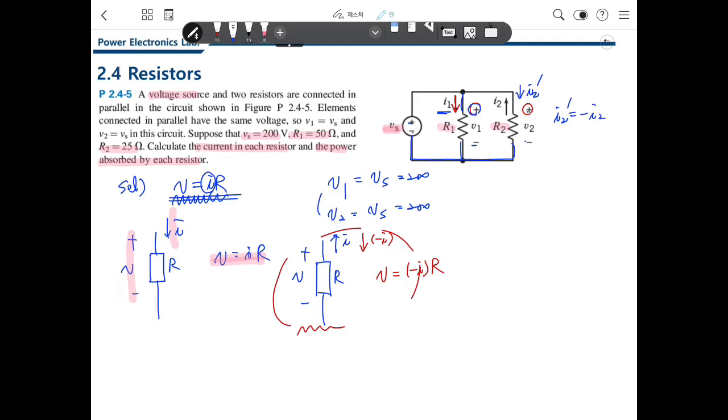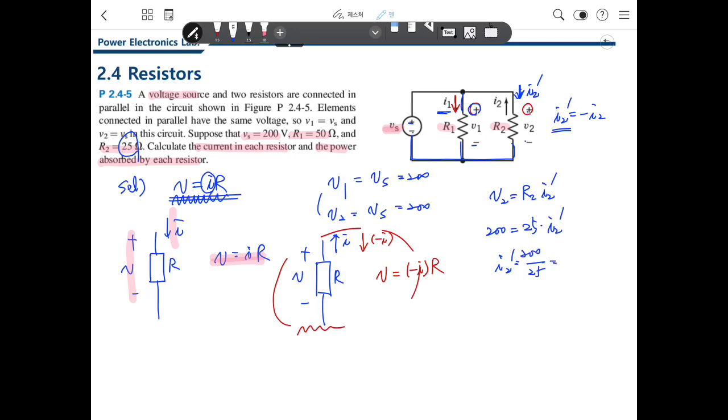Then we can calculate at first R2, because the direction of I2 prime is a passive convention. So V2 will be R2 I2 prime. Then how much is it? The 200, R2 was 25, I2 prime. So I2 prime will be 200 over 25.